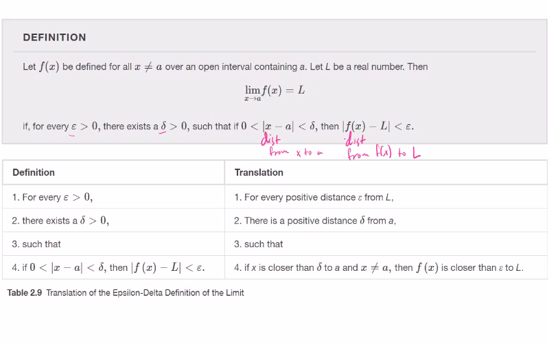Basically all this is saying is, as the distance between x and a gets super, super small, even though it's positive, the distance from the output to the actual limit is going to get super, super small.